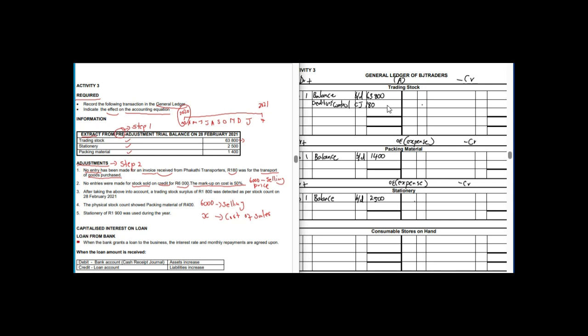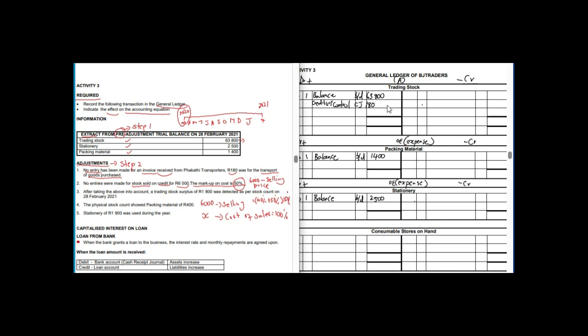But now we have percentages, and cost of sales, as I told you guys, will always be 100%, and the selling price will be 100% plus the markup percentage. They gave us a markup of 50%, meaning it's 100 plus 50%. Then our selling price is 150%.